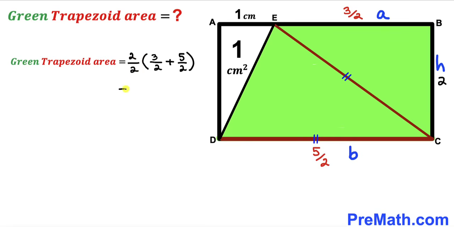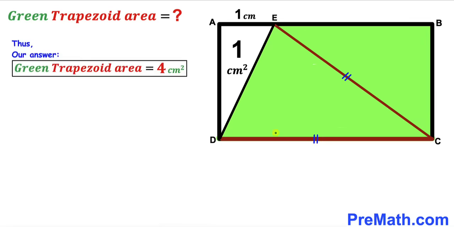So we can write 1 times 4, and that is equal to 4 centimeters square, the area of this green shaded trapezoid EBCD. So after all the calculations and manipulations, our green shaded trapezoid area turns out to be 4 centimeters square. And that's our final answer.